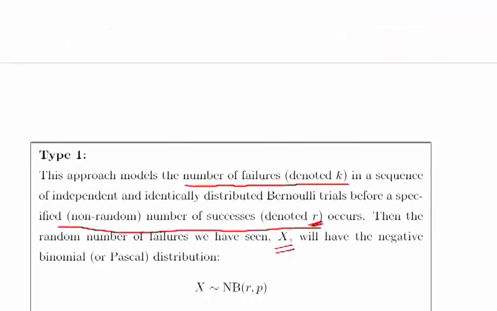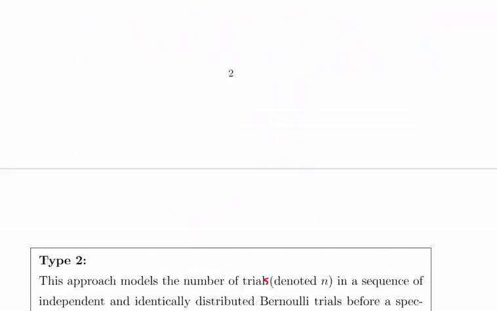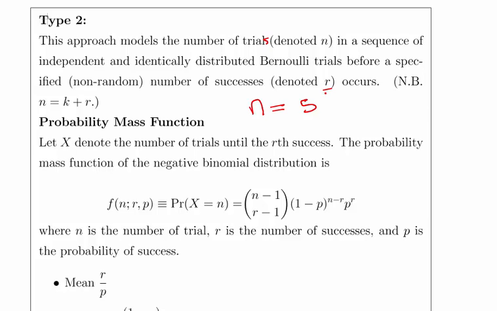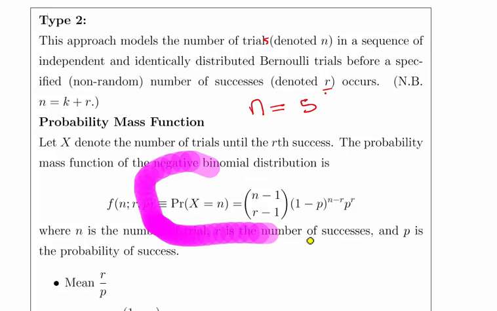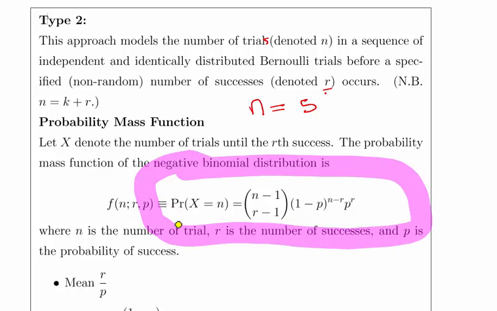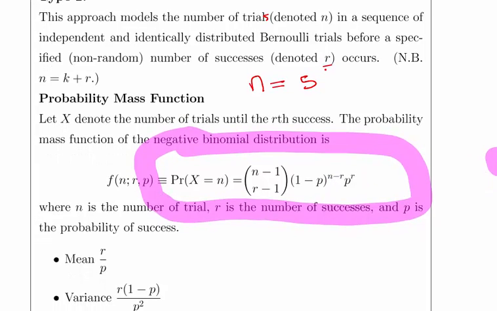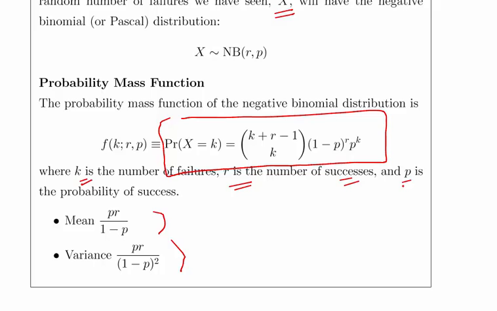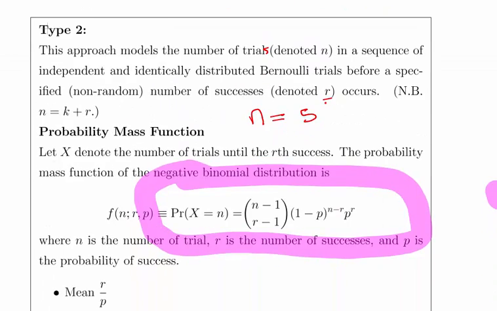So 5 trials. You can rephrase the question to look at it the other way, the type 1 format, but we'll stick with this one, because we clearly have N equal to 5 and R equal to 2. So that's the probability mass function there as well. Again, it's the same sort of construction. Just as a remark, the numbers are slightly different when compared to the previous type 1 case, so don't get them mixed up.